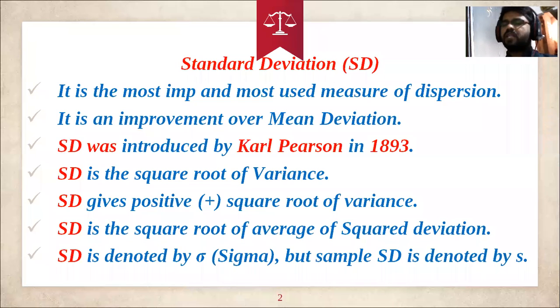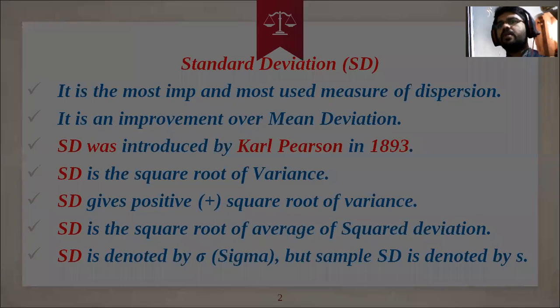Most of the time we use sigma only, but particularly when estimating the sample standard deviation, we use small s. Is it clear?